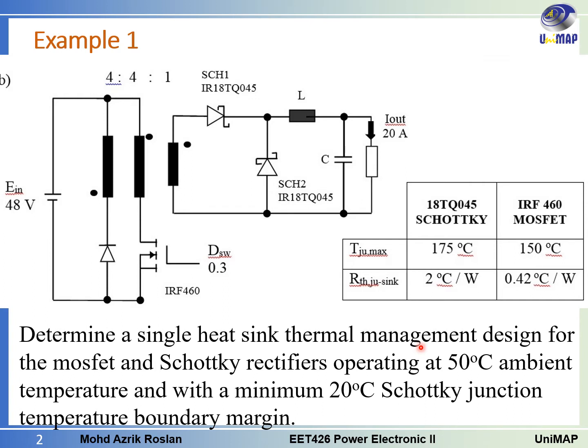So we will look at how we can design the heatsink that will satisfy all these conditions. We have the 50 degrees C ambient temperature, and we have to design it with minimum 20 degrees C Schottky junction temperature boundary margin.